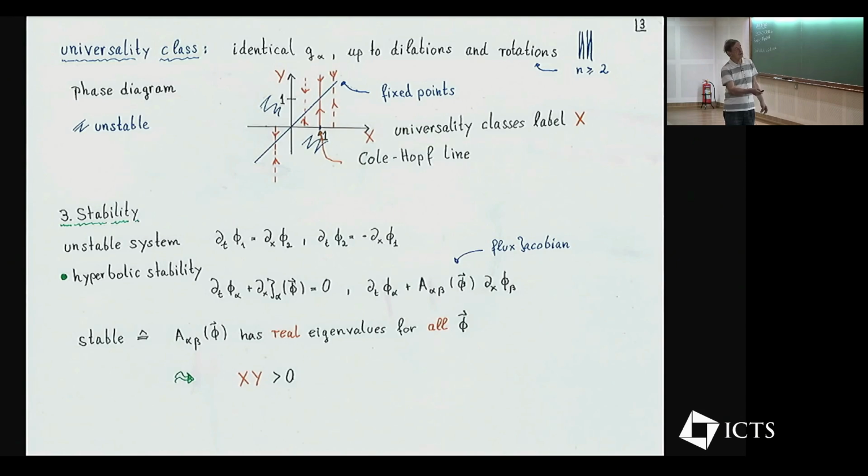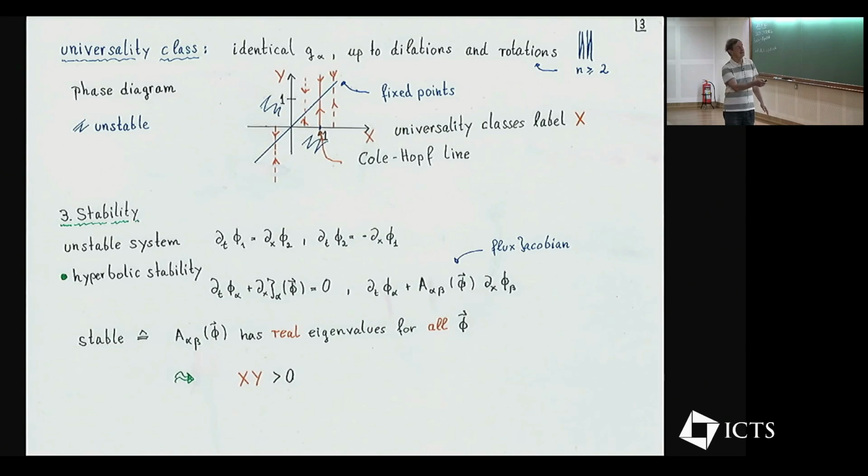The condition is that stability is equivalent to this matrix, which doesn't have any particular symmetry in general, having real eigenvalues. Now, it's a slightly touchy argument because it has to hold for all phi, for all fields, and maybe for some fields it's true and for others not. Anyway, there could be mixed situations which I don't want to touch at all.